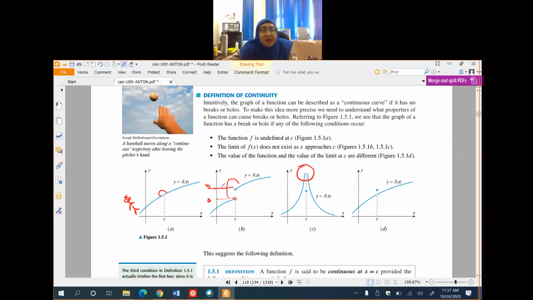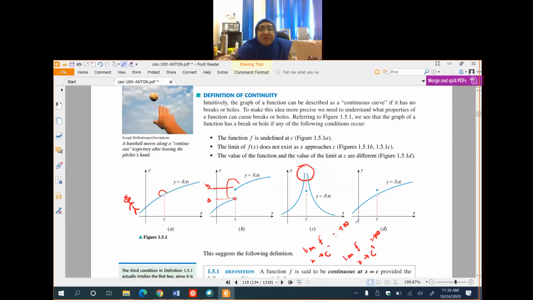Whenever the limit doesn't exist, it's not continuous as well. And then for this one, the limit is approaching plus infinity from the left, and this one, the limit is approaching plus infinity as well. So the limit of f as x tends to c from the left is equal to plus infinity. The limit of f as x tends to c from the right is also plus infinity.